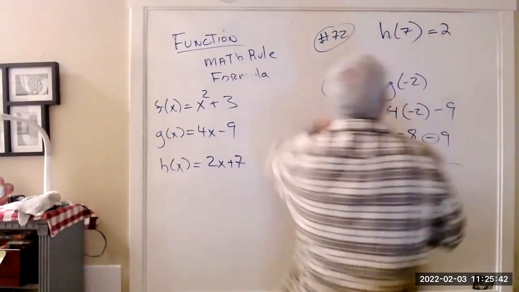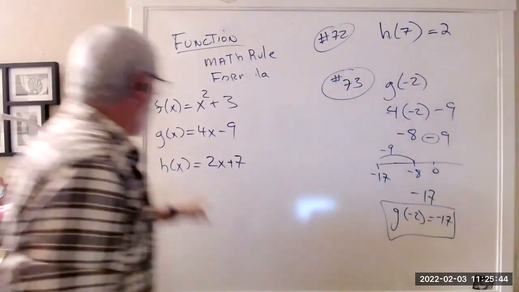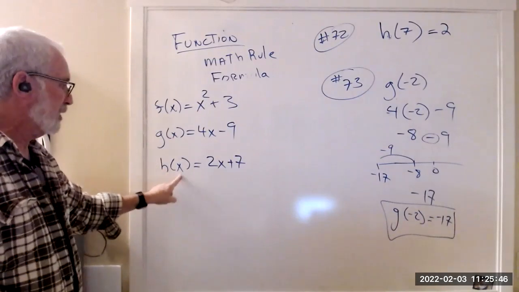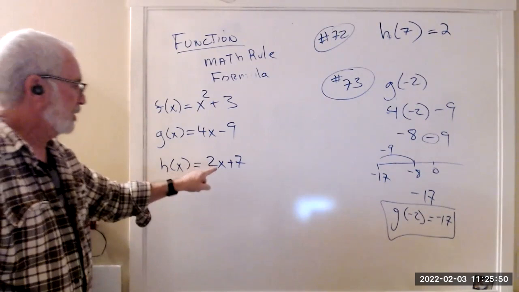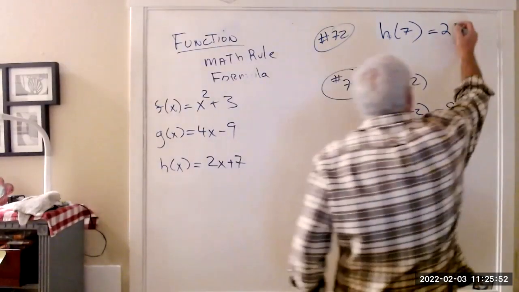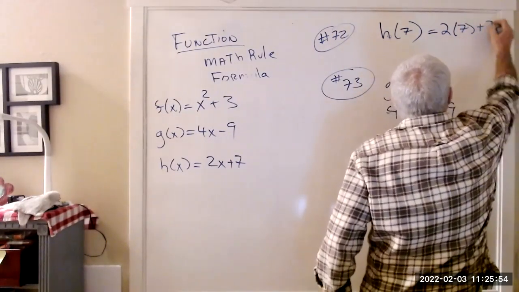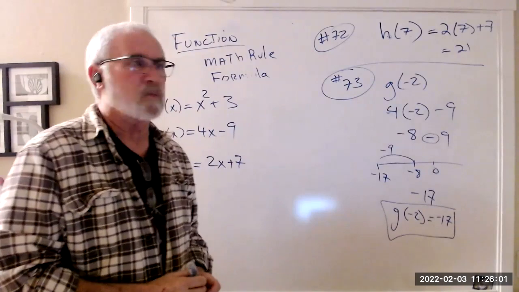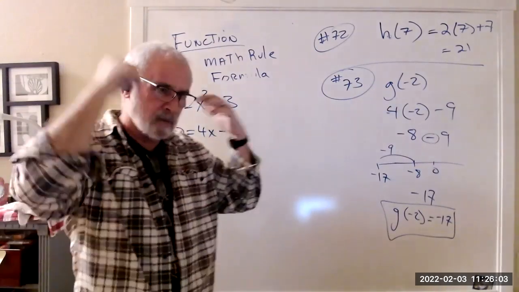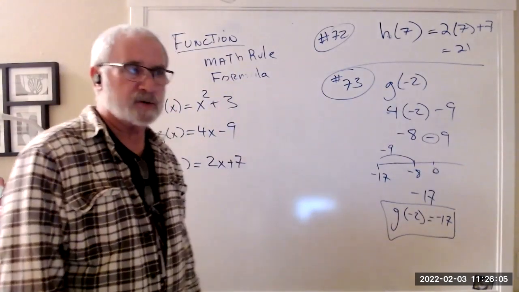So it says go to the H function and put 7 in place of X everywhere. So 2 times 7 plus 7, the answer was 21. These are just problems I made up. Where did I get the numbers? I don't know, my brain just sees these numbers.